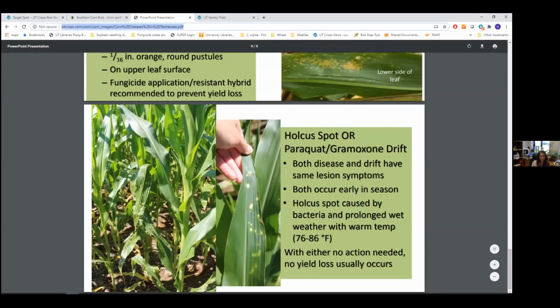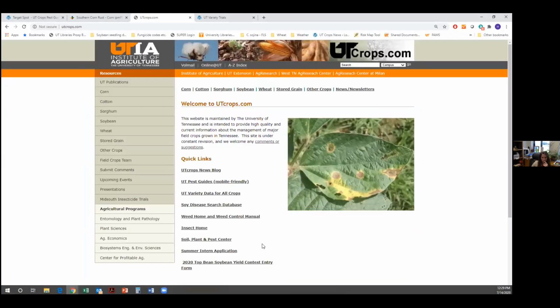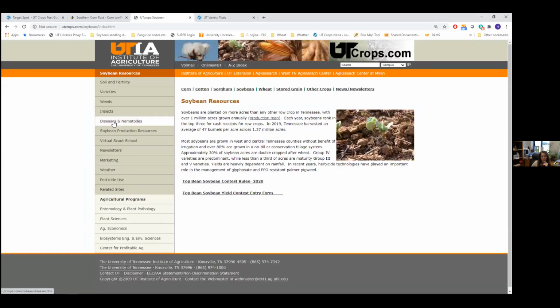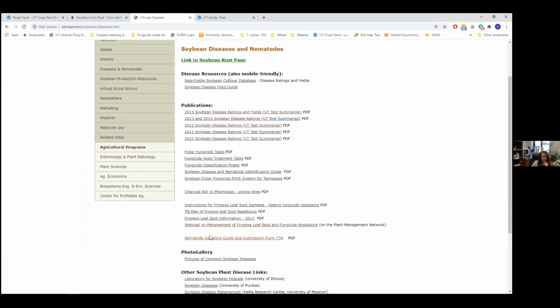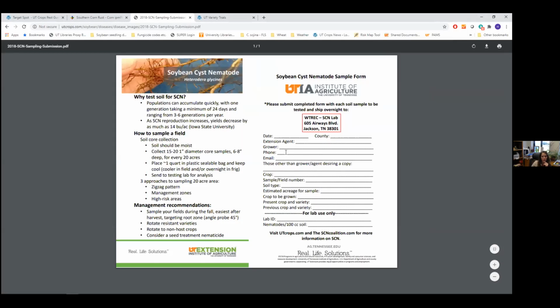So if we go to utcrops.com, right now you'd find it under soybean, diseases and nematodes. And at the very end of the publication section, there is your nematode sampling guide and submission form. So here's where you would be putting the crop to be grown, the present crop and previous crop, so we would have a better idea of what you want us to screen for.